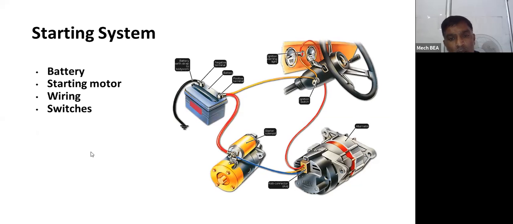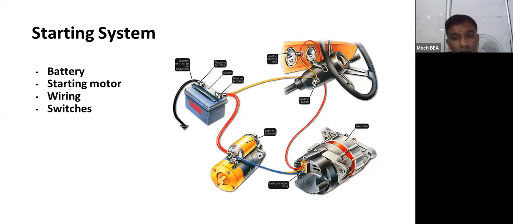For that, cranking is required. How to provide cranking for the engine? For that, we require a starting system. So the starting system consists of battery, then starting motor, wiring and the switches. So you can see this.